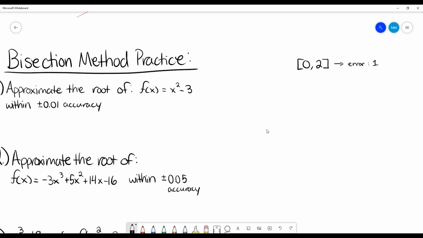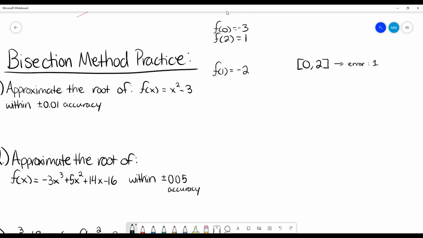What we're going to do now is cut this interval in half. Halfway between them would be 1. So we're going to plug in f of 1. f of 1 is going to be 1 squared minus 3, and that's going to be negative 2. We said f of 0 was negative 3 and f of 2 was 1.